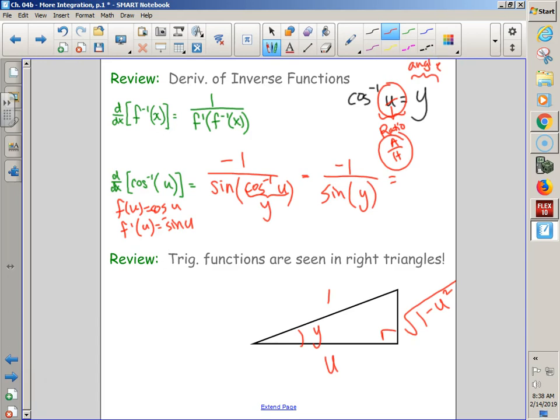Opposite over hypotenuse. So in terms of what I know, cosine inverse of u, I can say sine is equal to opposite over hypotenuse, which over 1 is just itself, right? So check it. I can come up here and say, oh, negative 1 over the square root of 1 minus u squared.